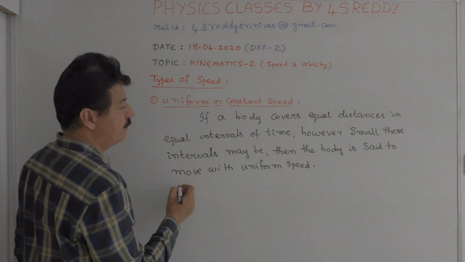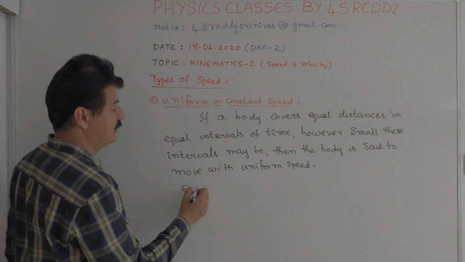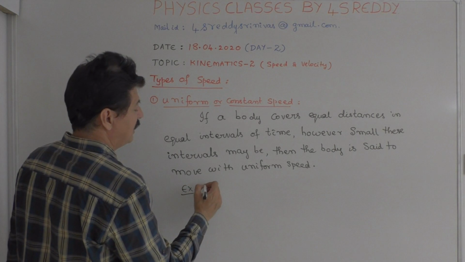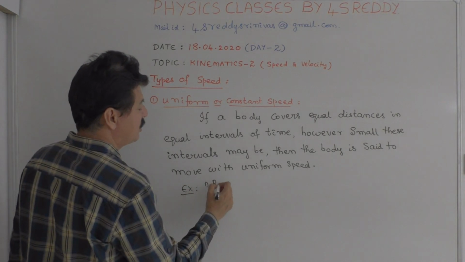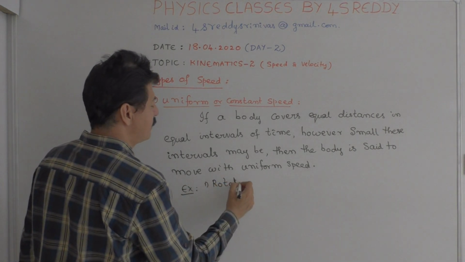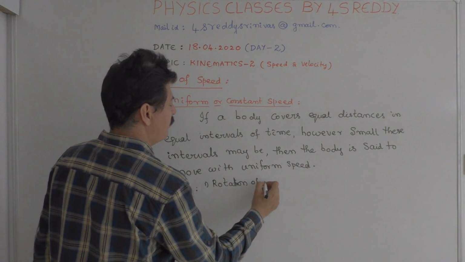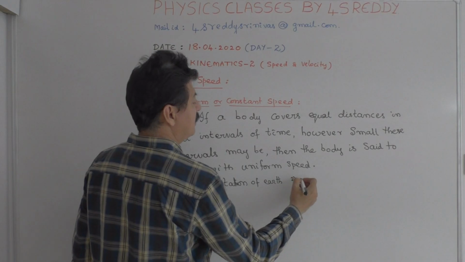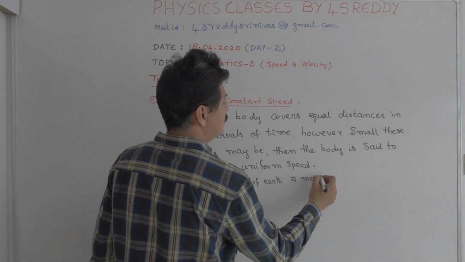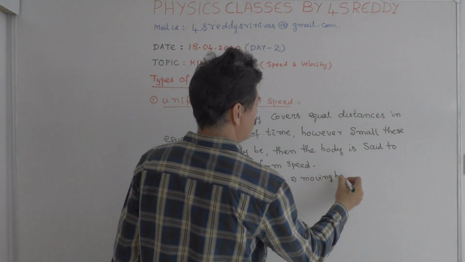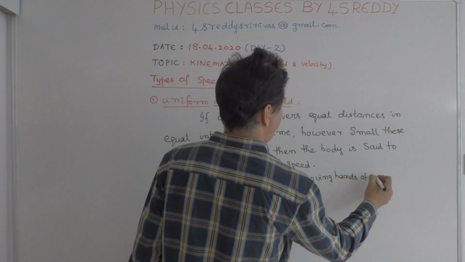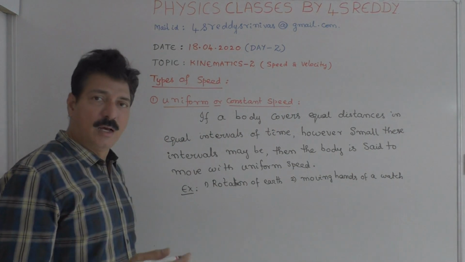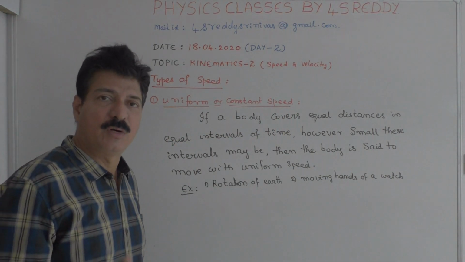Can you give an example for this uniform speed? Yes. You can write the examples as rotation of Earth, moving hands of a watch, a moving gramophone record, or rotation of a fan.